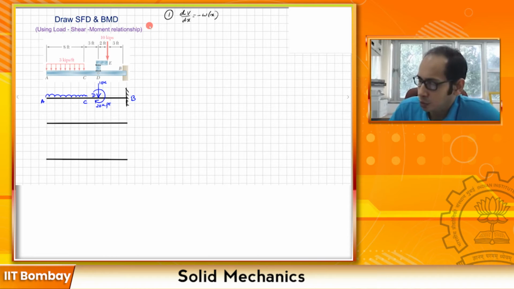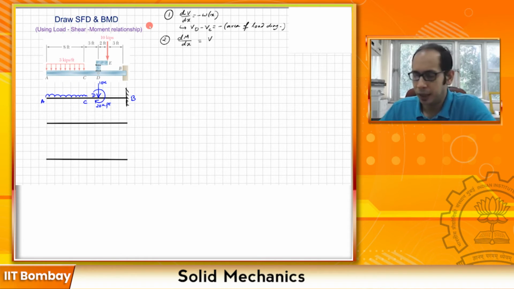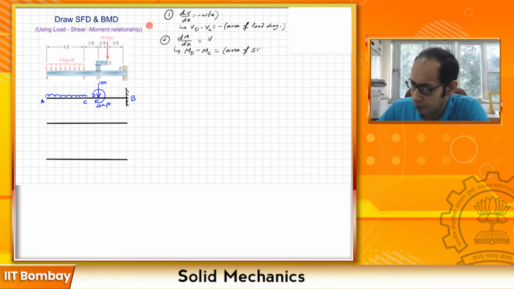This also leads to the other relationship, that between two points, V_D minus V_C is the negative of the area of the loading diagram. The second relationship was dM/dx equals V, and that also leads to a similar relationship as before: M_D minus M_C is the area of the shear force diagram.